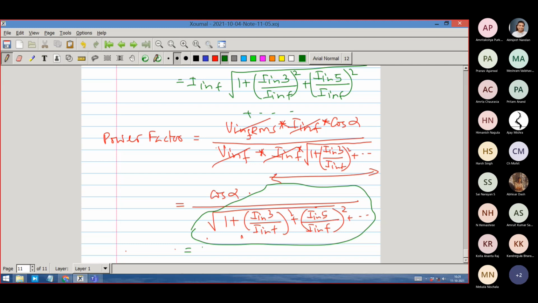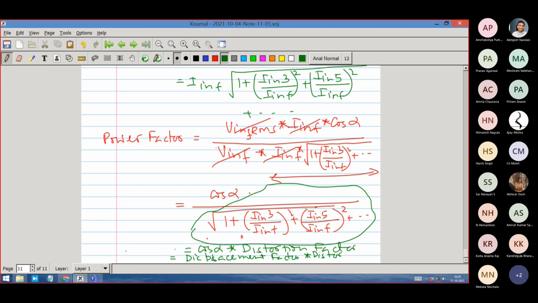So power factor is equal to cos alpha into distortion factor, that is, displacement factor into distortion factor, because it is representing the distortion in the current.